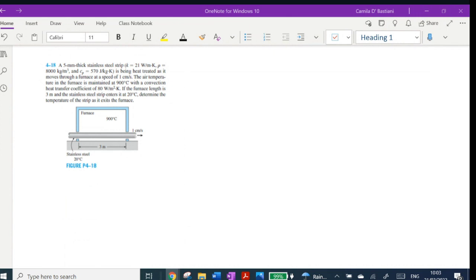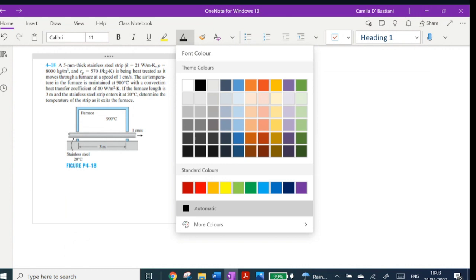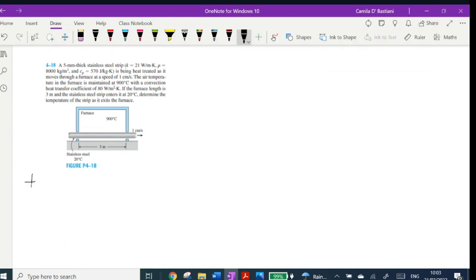Oh, a 5mm thick. So I start taking out the data of this one, okay? My thickness is 5mm.